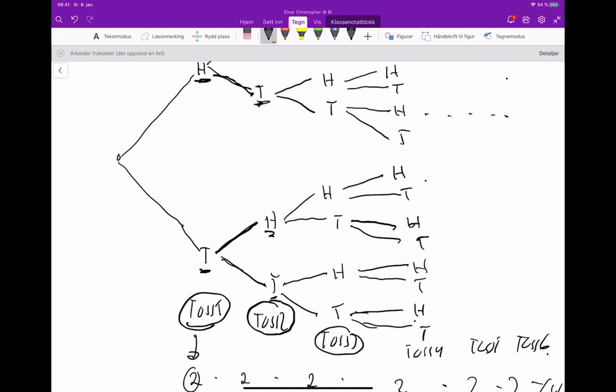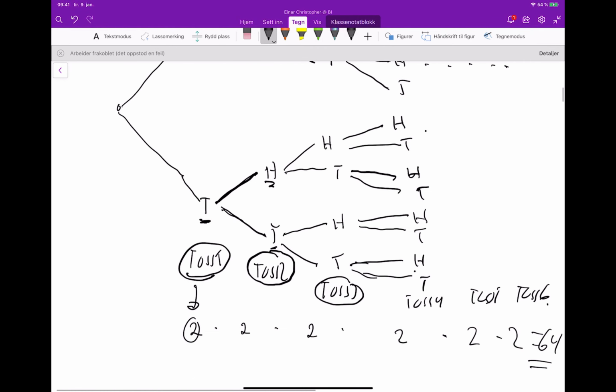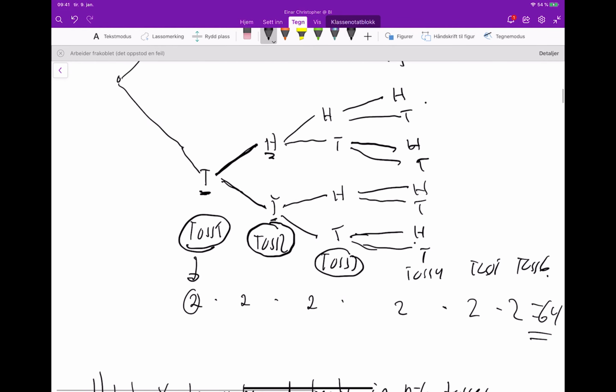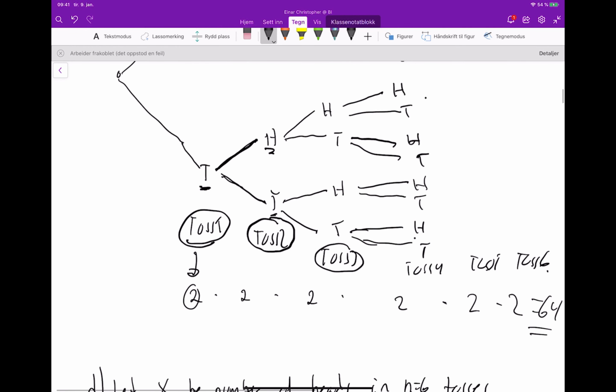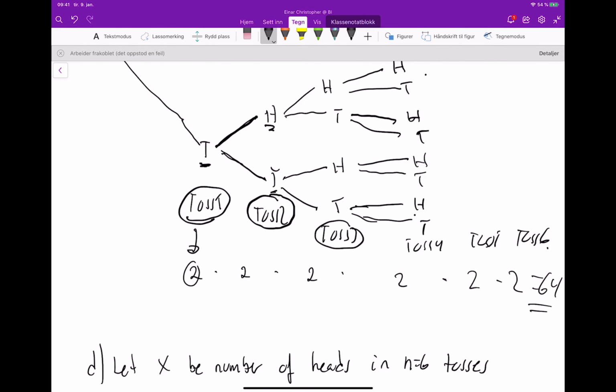That's the 4 possible paths after tossing 2 times. And then we toss a third time, then we get 2 times 2 times 2 equals 8 possible paths. And of course, total possible sequences in 6 tosses is 2 times 2 times 2 times 2 times 2 times 2 equals 64.